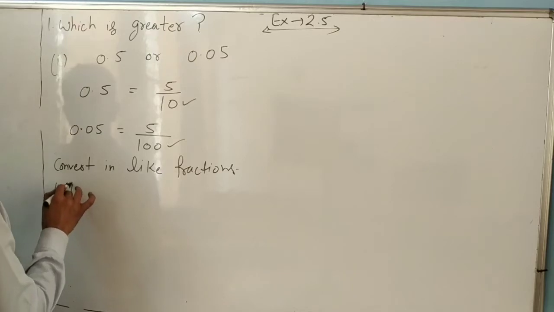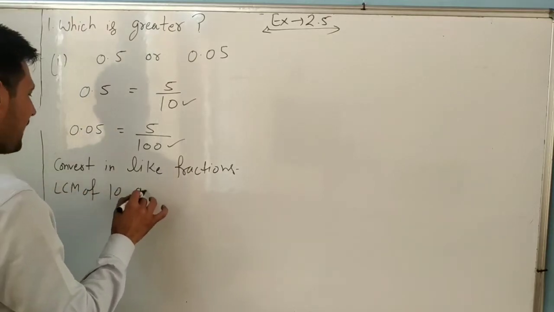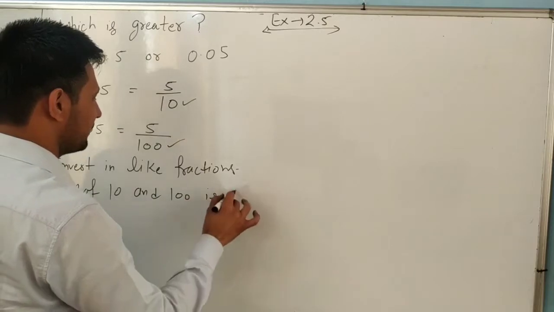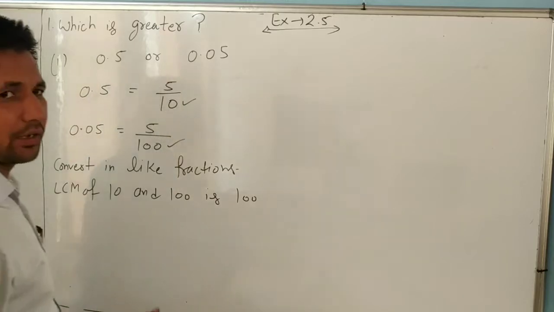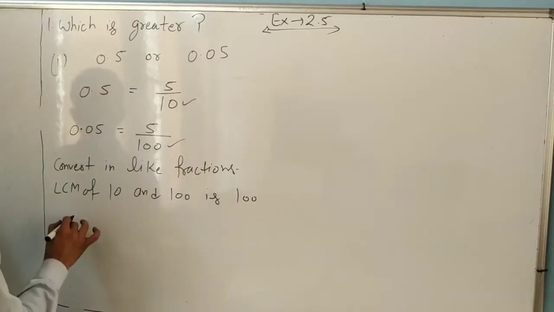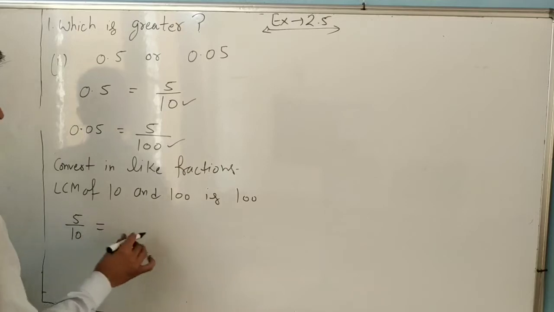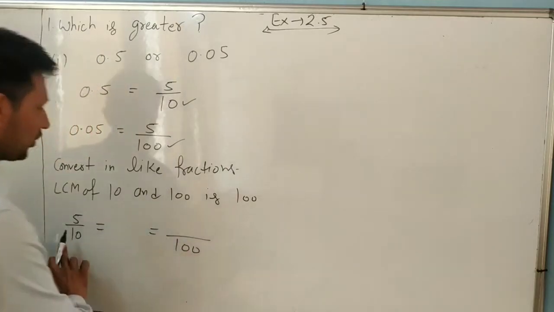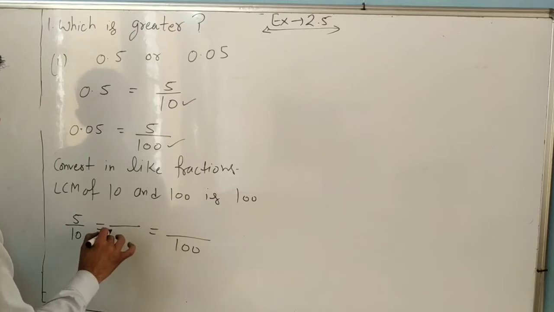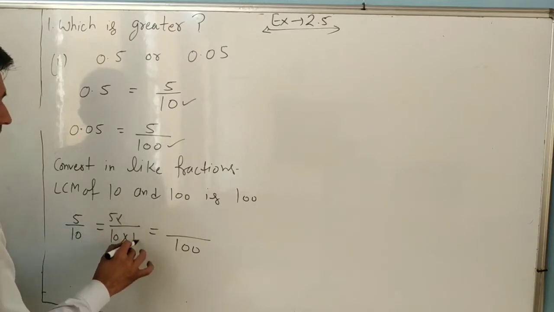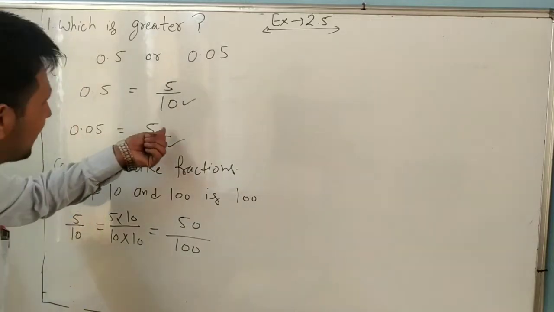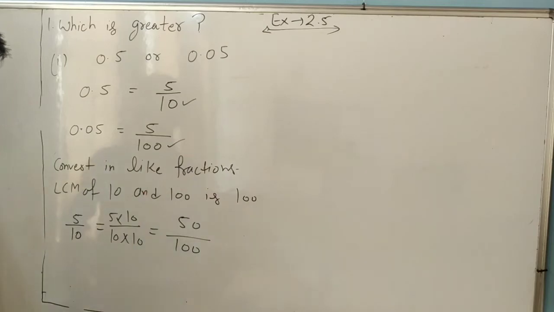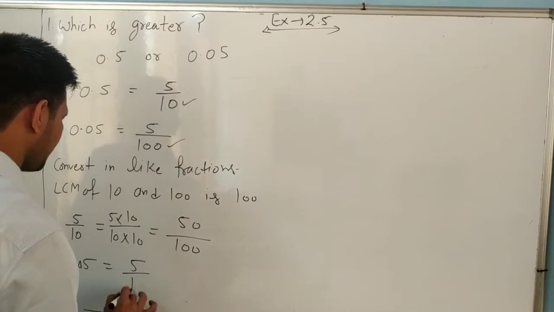So write, LCM of 10 and 100 is 100. You already know how to take LCM. Now 5 upon 10 equals, you want to make the denominator 100, so what number do you multiply? Here 10, here also 10. So 50 by 100. And the second fraction, 0.05, equals 5 by 100.